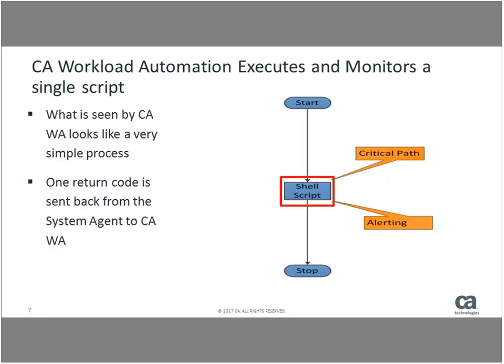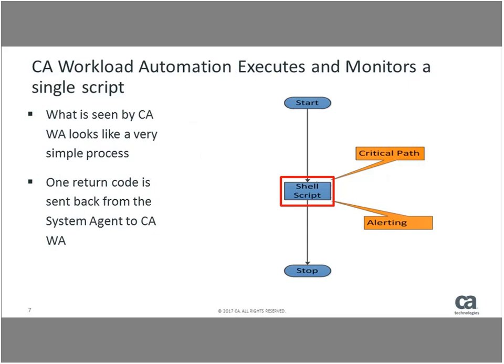So as an example, let's just say that you're executing within your favorite CA Workload Automation engine some shell script. From the standpoint of what you're executing, all that you see when you're monitoring is just that shell script.